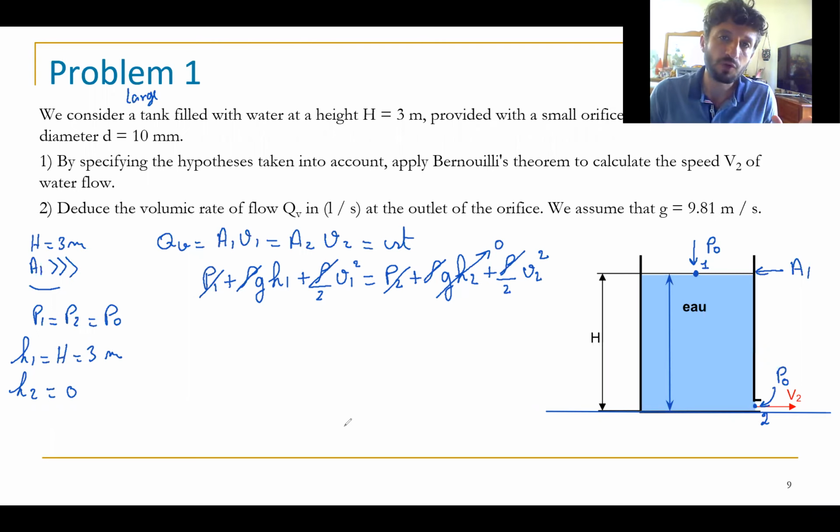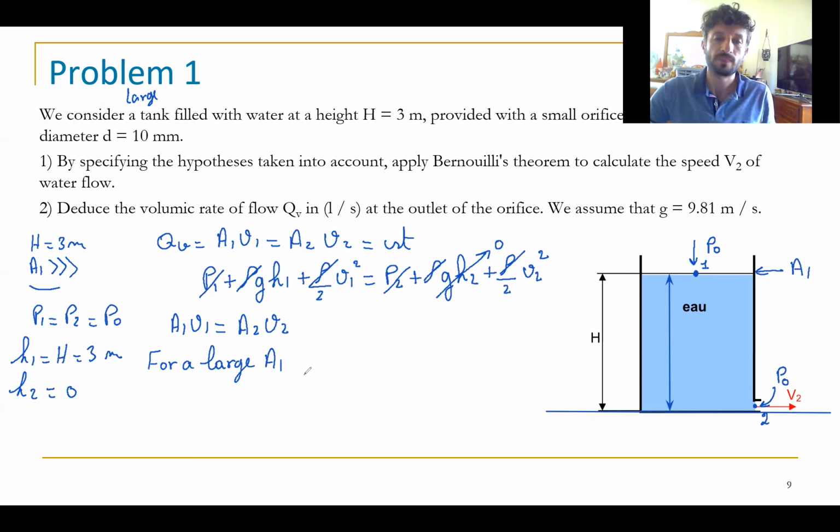Let me explain one point in the case of a large tank. The continuity equation A1 V1 equals A2 V2 gives V1 equals A2 divided by A1 times V2.